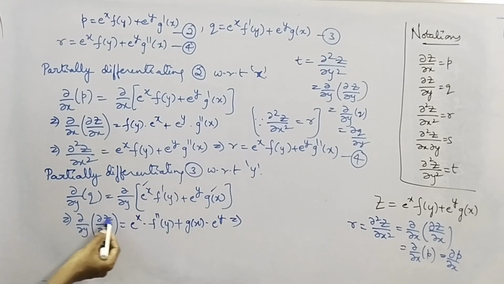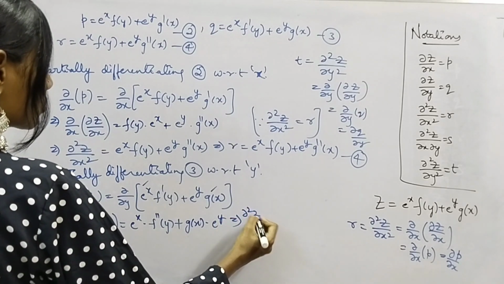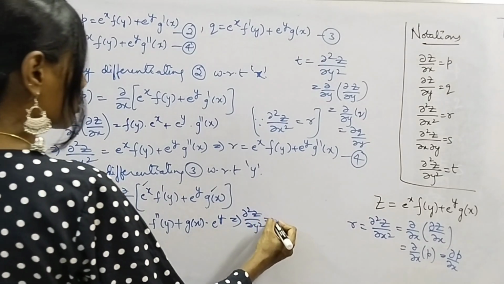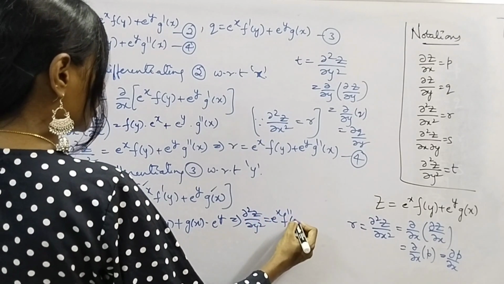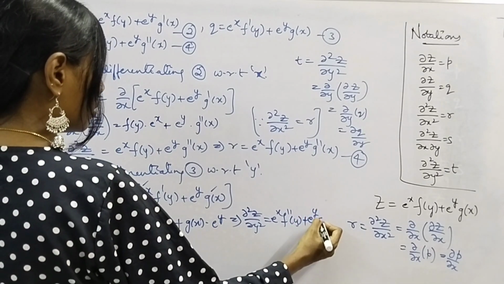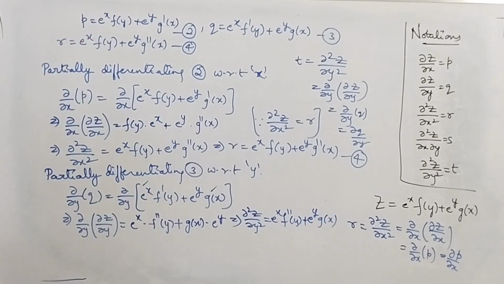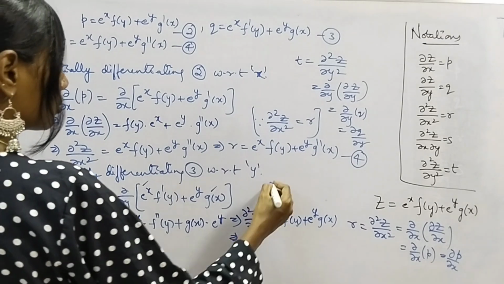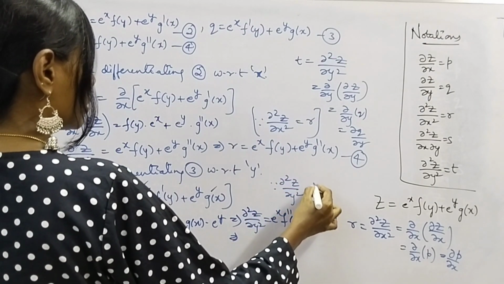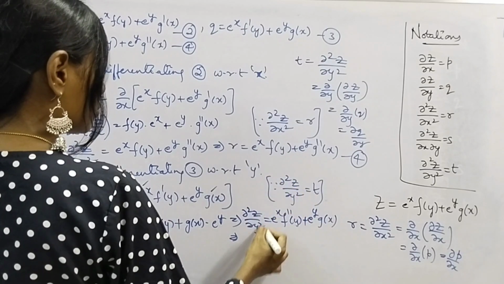This gives us ∂²z/∂y² equal to e^x f''(y) plus e^y g(x), right? Since ∂²z/∂y² equals t, let's replace it by t.